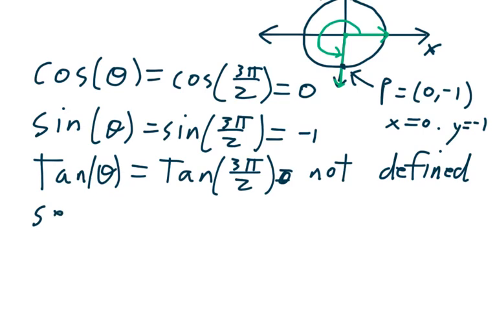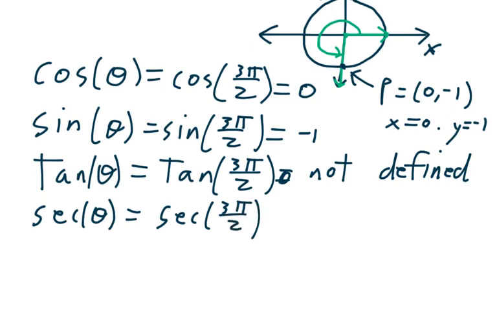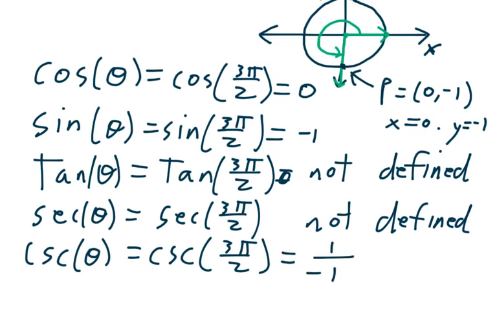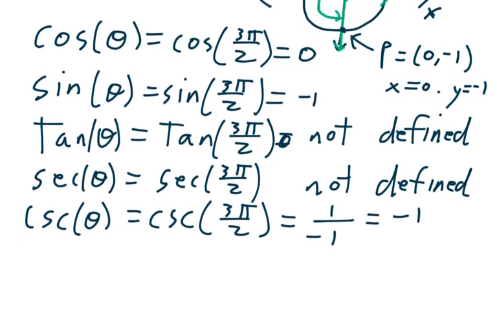Neither is secant. Secant of theta, that's secant of 3 pi over 2, but that's 1 over x, so that's also not defined, because x is 0 here. Cosecant of theta is cosecant of 3 pi over 2, but that is 1 over y, so that's 1 over -1, which is -1.